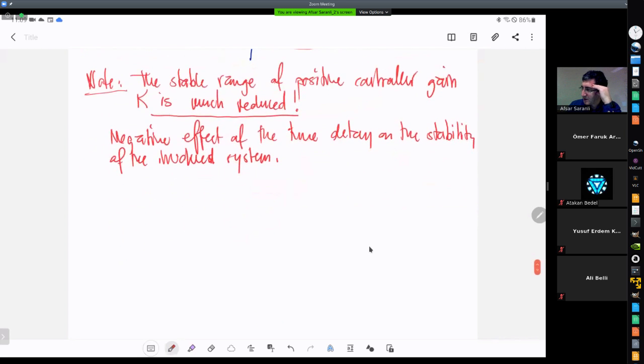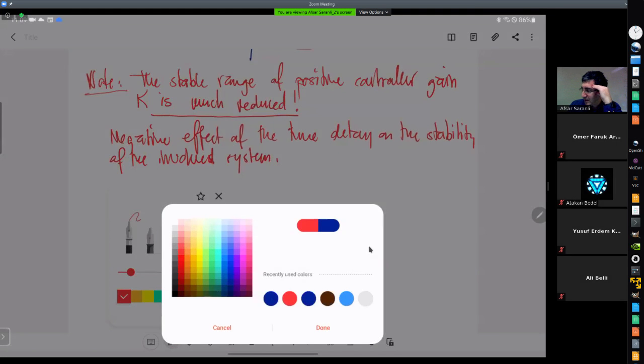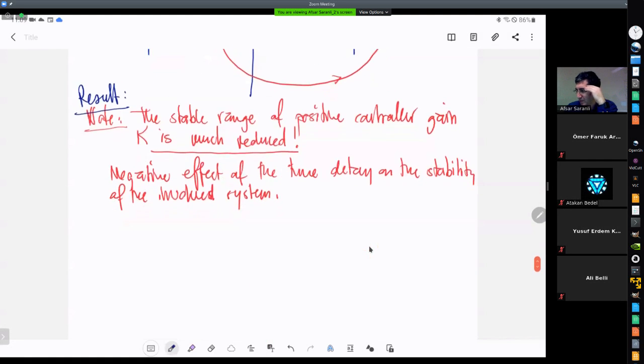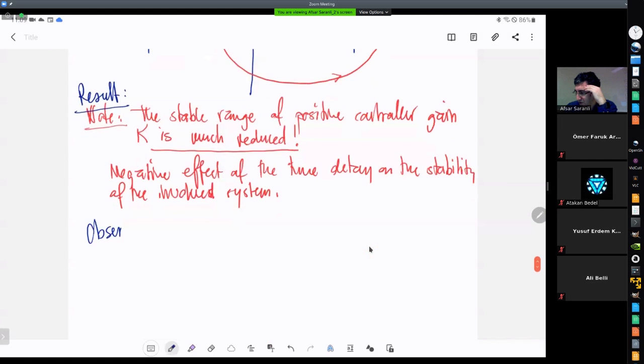So this is, we can call this actually a kind of a result, right? So this is our result. And I have some additional notes or observations. One is that you have to notice that it really doesn't matter where the delay is, as long as the delay is on the open loop path.